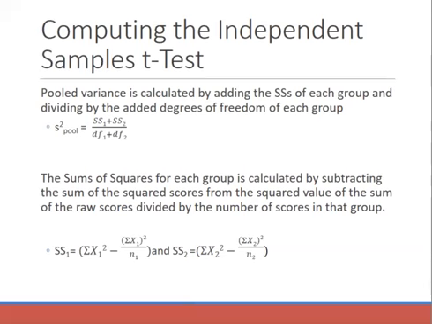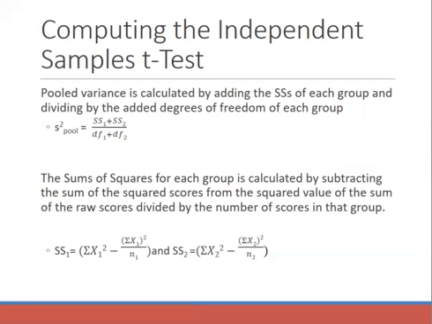Okay, so you can think of it as a weighted average. And to get the pooled variance, you add the sum of squares for sample 1 to the sum of squares for sample 2, and divide that by the degrees of freedom for sample 1 plus the degrees of freedom of sample 2.